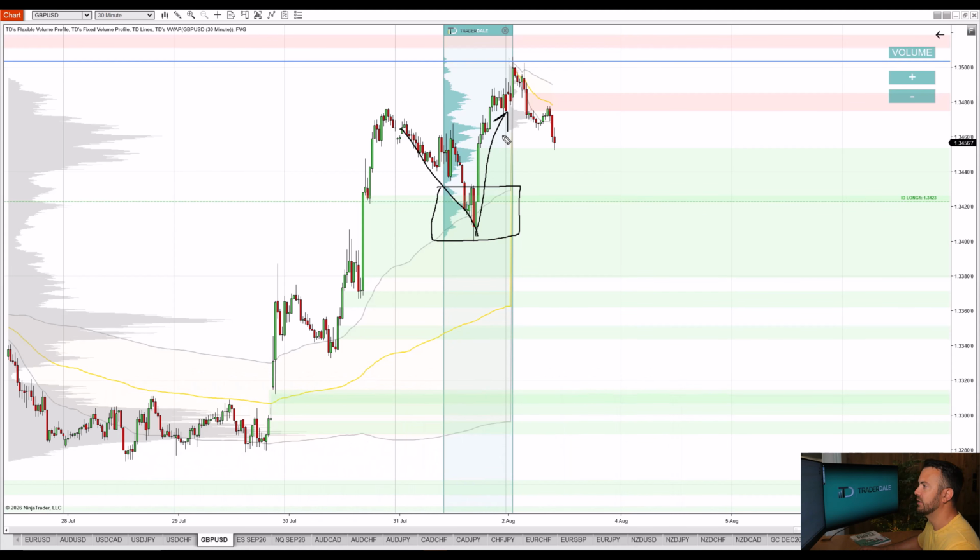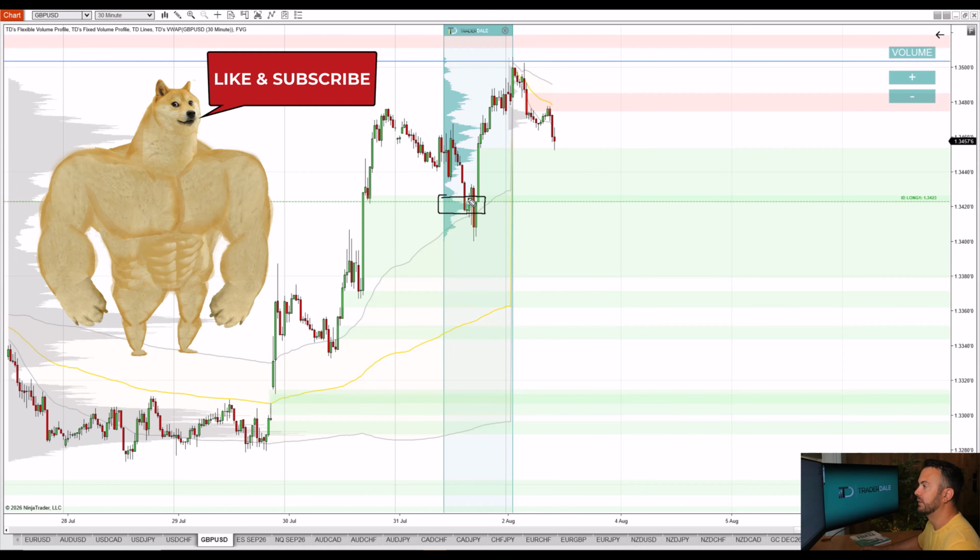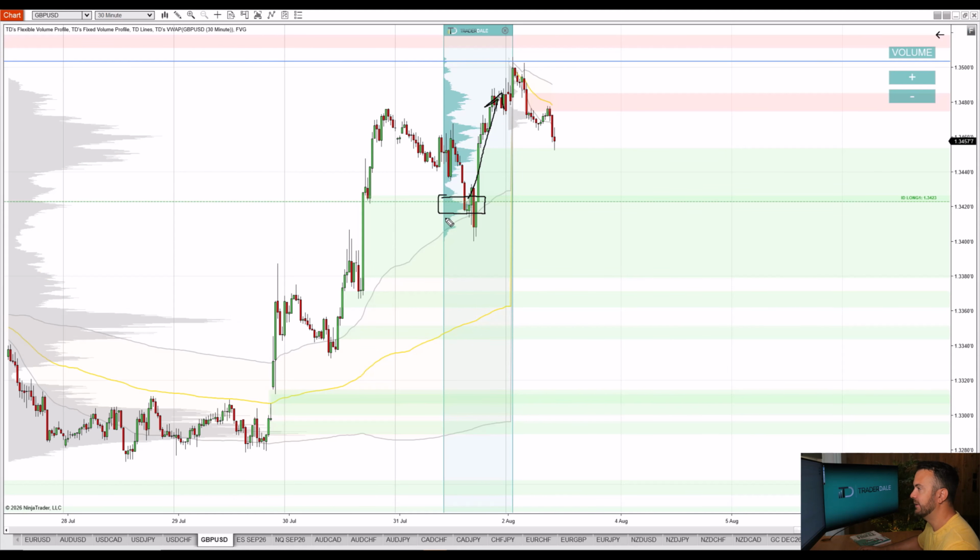In this case we have this significant volume cluster, and it represents a place where buyers started to jump in, and this is an important place, because a lot of buyers were active here.